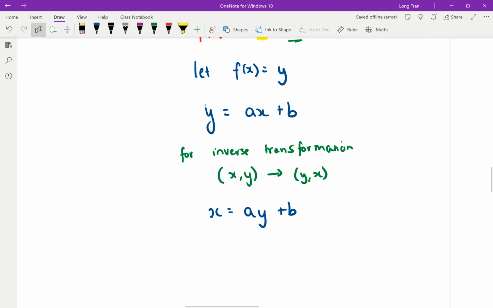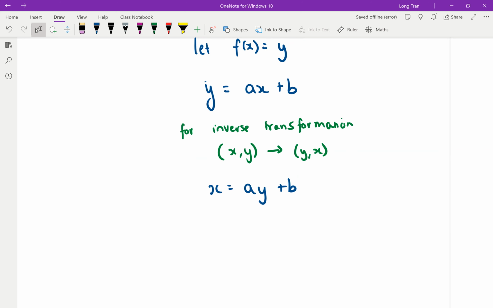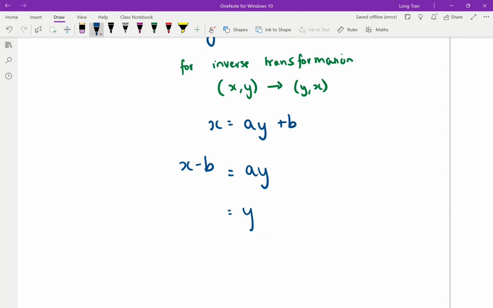If we solve this, it becomes x minus b is equal to a times y, and then divide both sides by a, so you get y equals x minus b over a. This is technically my inverse function once I've rearranged it.